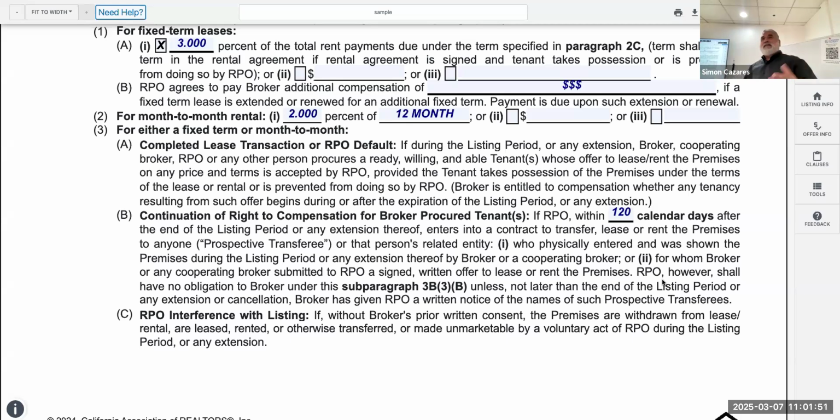Or if the listing agent was the one that ultimately closed out with the tenant, then it may be something like, hey, I noticed that you closed, congratulations. They may or may not tell you who the tenant is.